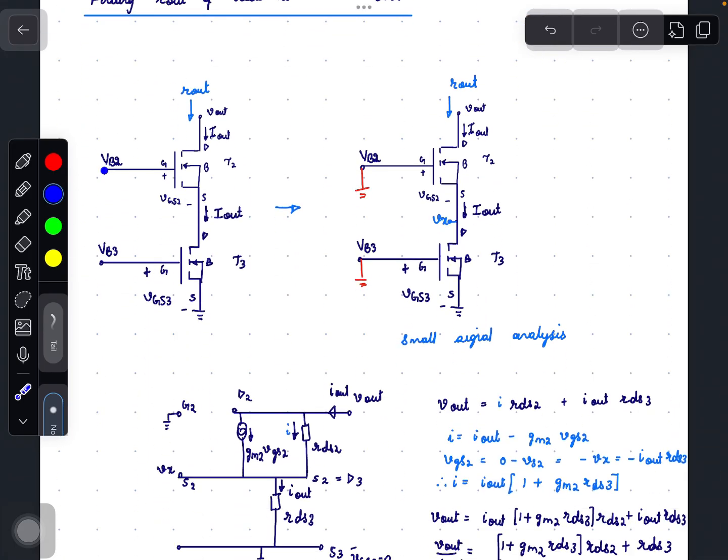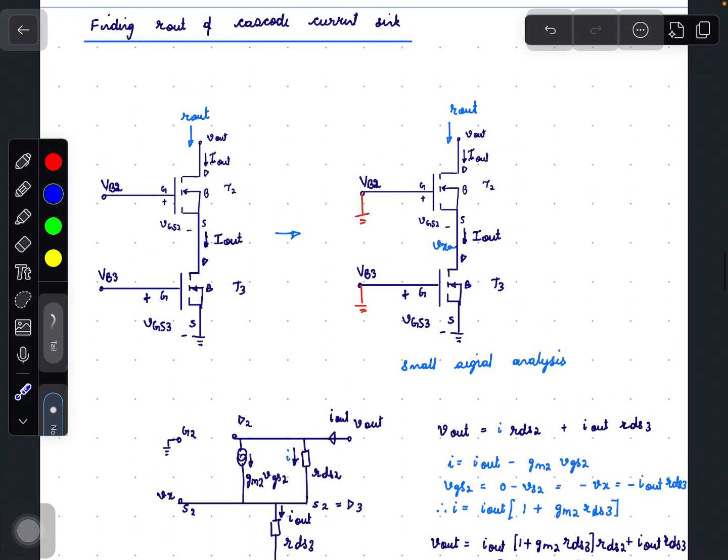The gates of T2 and T3 are at constant voltage, hence they are represented by VB2 and VB3. For small signal analysis, all the DC voltage sources have to be shorted to ground. So VB2 is shorted to ground and VB3 is shorted to ground.